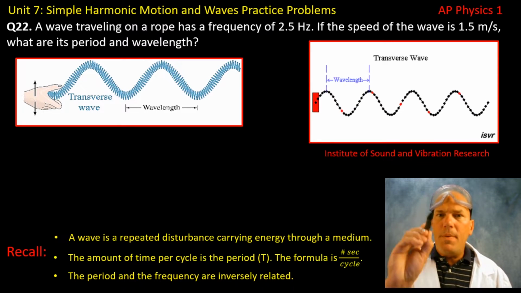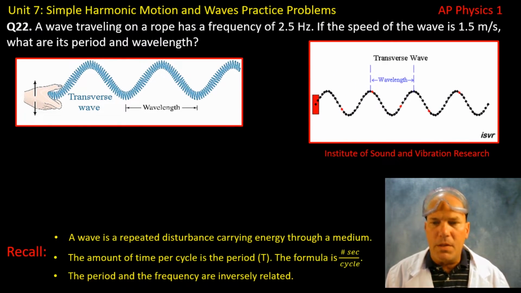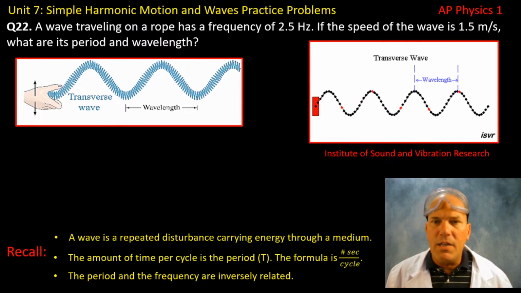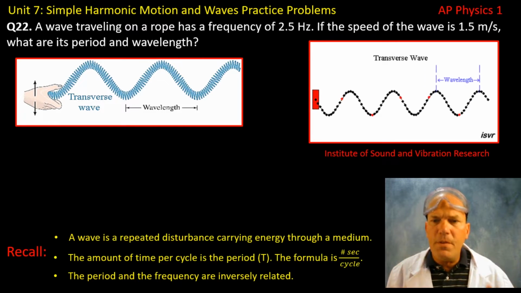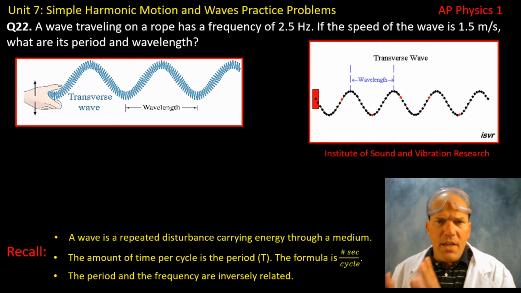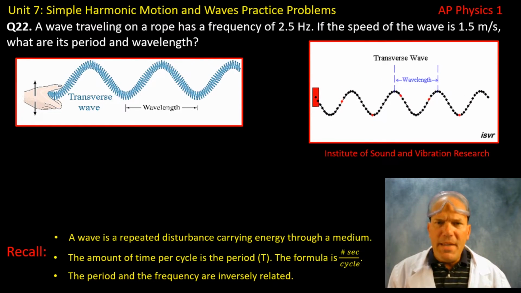In other words, up and down. It is not moving left and right. That is very important. So take a few minutes and really look at this animation to understand the difference between the propagation of the energy and the movement of the medium.